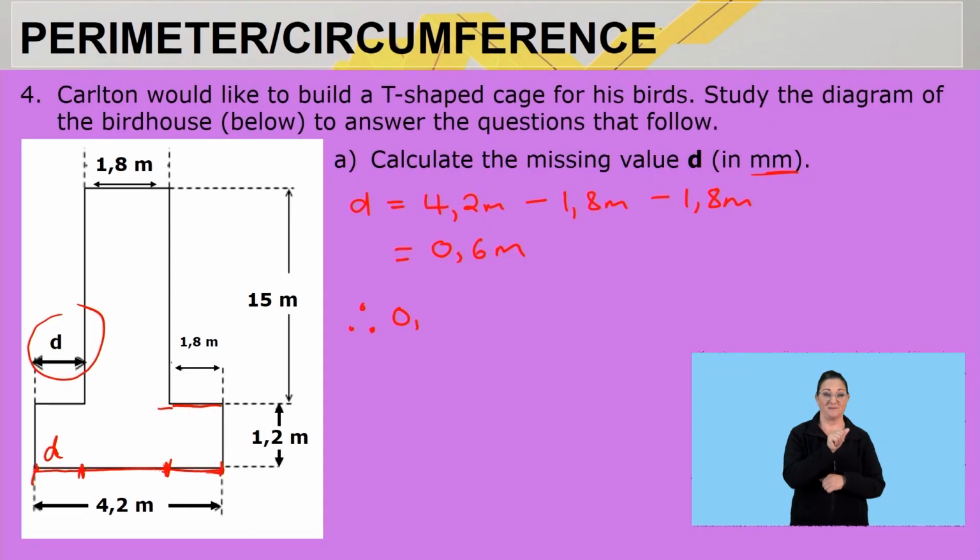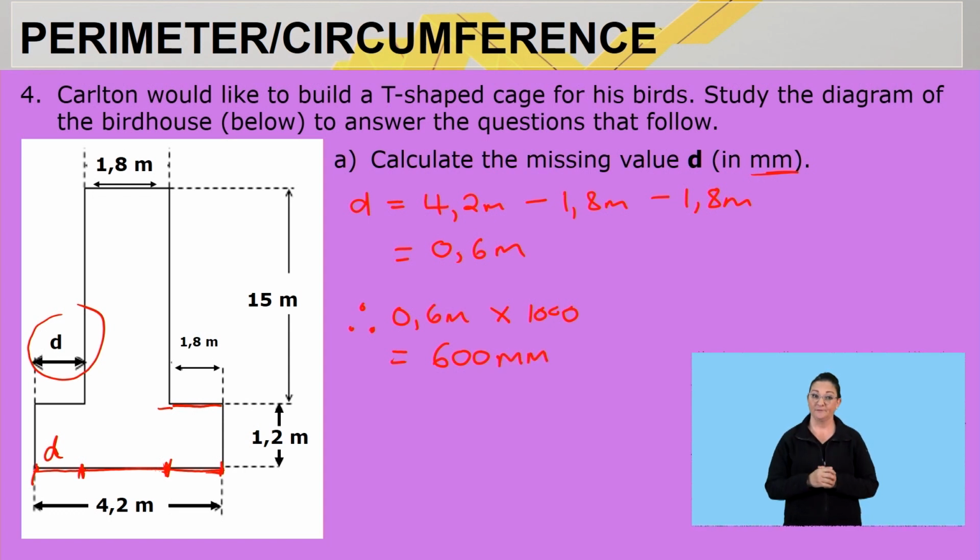So, quick question, how many millimeters in a meter? I agree, 1,000. So you'll take your 0.6 meters and multiply that by the conversion factor of 1,000. So 0.6 multiplied by 1,000 will give us an answer of 600. And note, now it is millimeters.